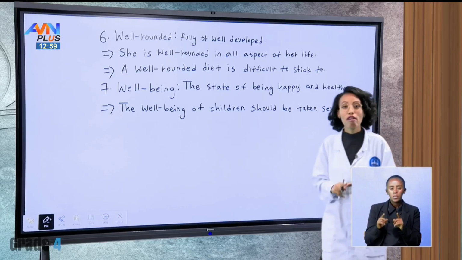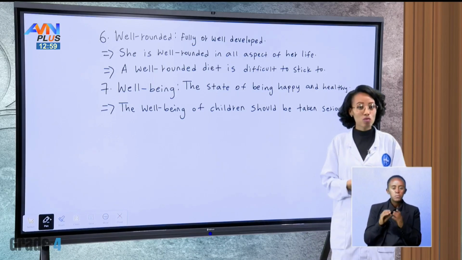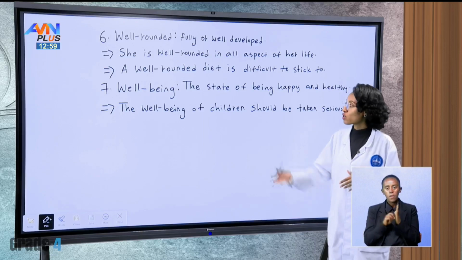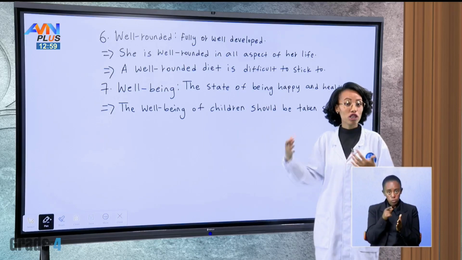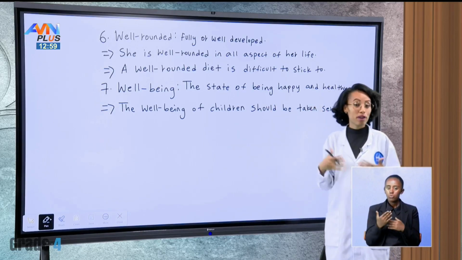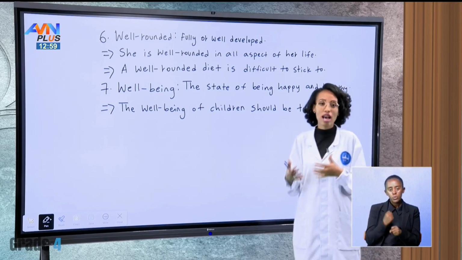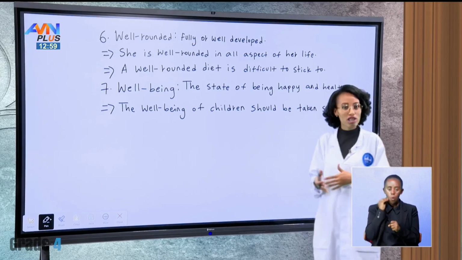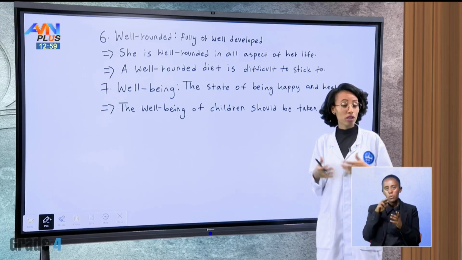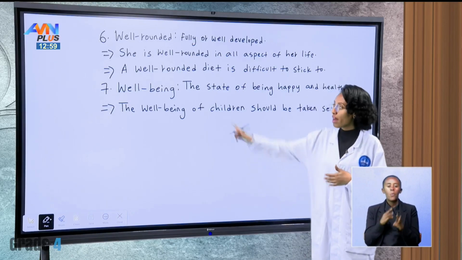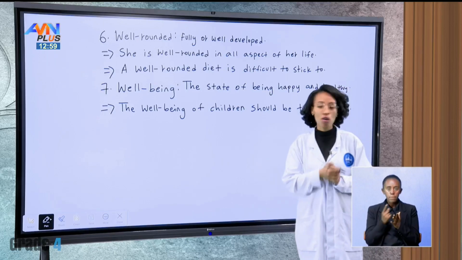You cannot learn. So that is what? Affecting your ability to be productive. So if your well-being is really good, and that means if you are healthy, then you could do your exercises or your classwork or your homework or your projects. And you could also learn in a very positive way. So that is the meaning of well-being.